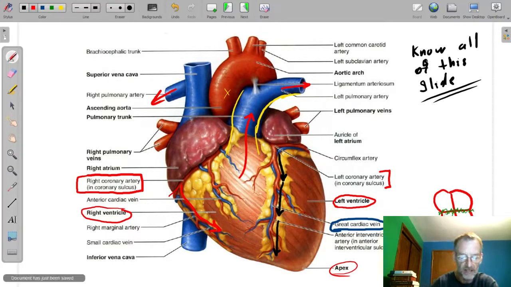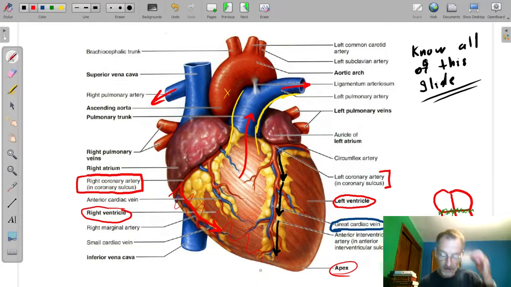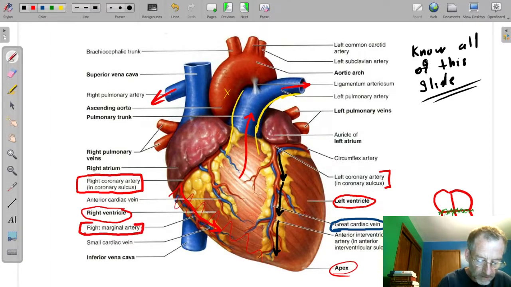It's supplying the right side of the heart, the right margin. These are just the three main ones. Of course, there's all kinds of variation and lots of other smaller arteries and veins. Paired next to the right marginal artery is the small cardiac vein. So there's your other pair.